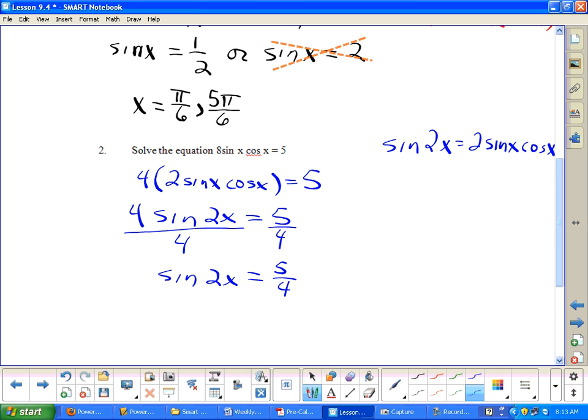Now remember, all this 2 means is that I've compressed it, so that we have a horizontal compression, which just means that there's going to be twice as many answers from 0 to 2 pi. So all I care about now is, when does sine of whatever, like u, for instance, equal 5/4?